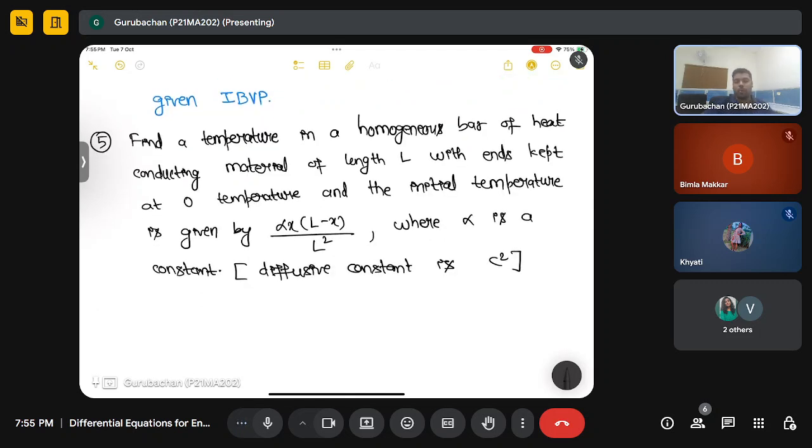So first we have to form the initial boundary value problem, or you can say the setup, for this given question, and then we have to find its solution. So first you may try on your own, then we will discuss it.